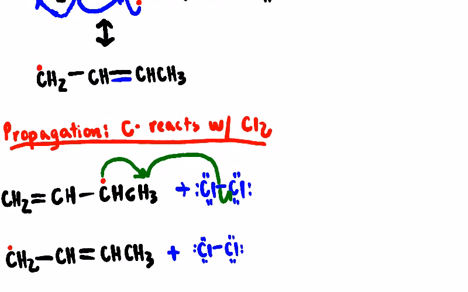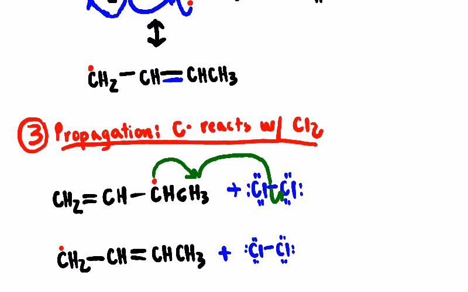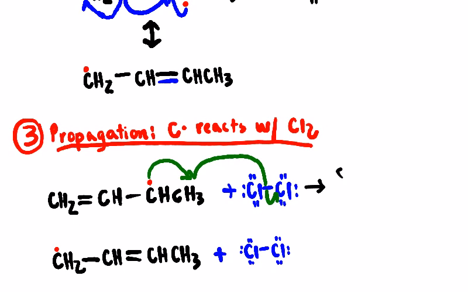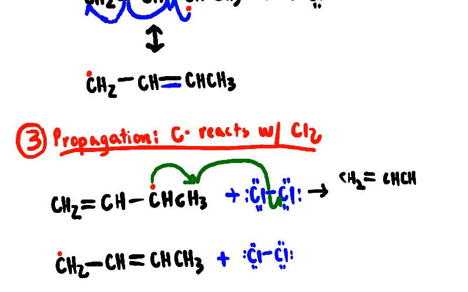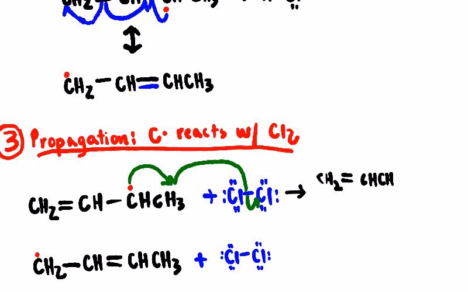So looking at the products of this reaction, our organic product of monohalogenation is going to correspond to installing a halogen atom right here, our chlorine atom.